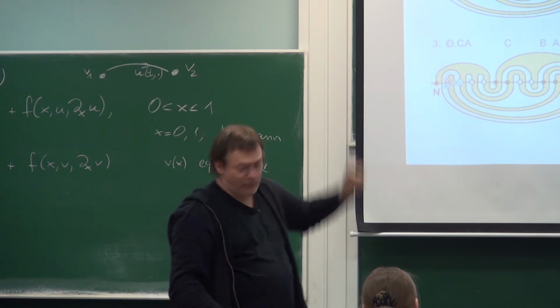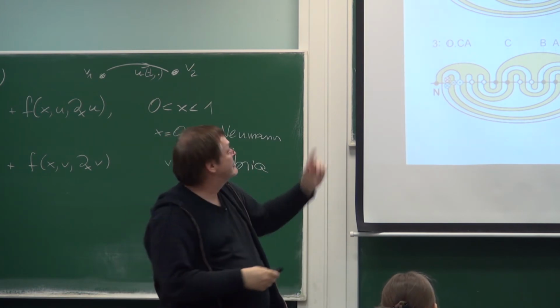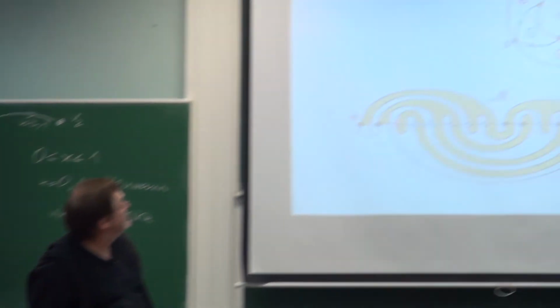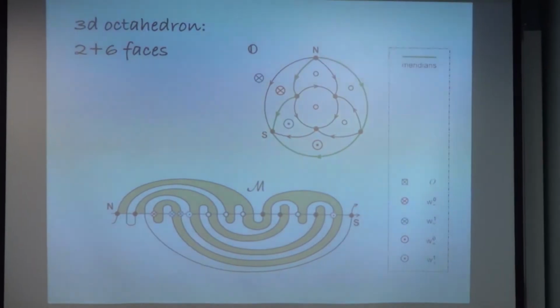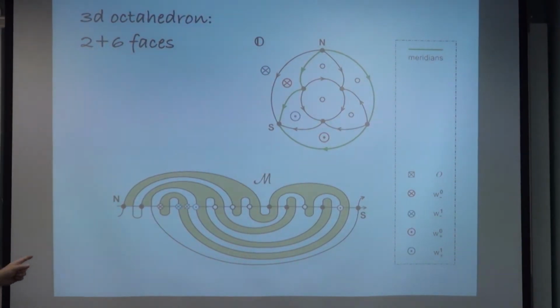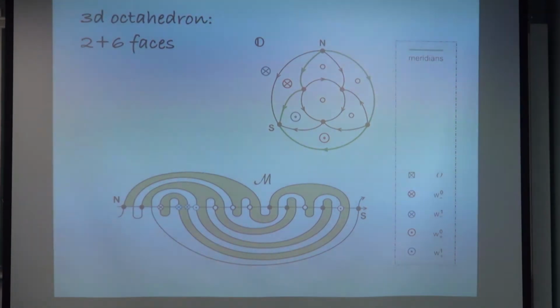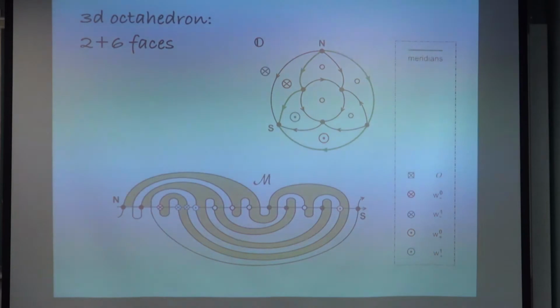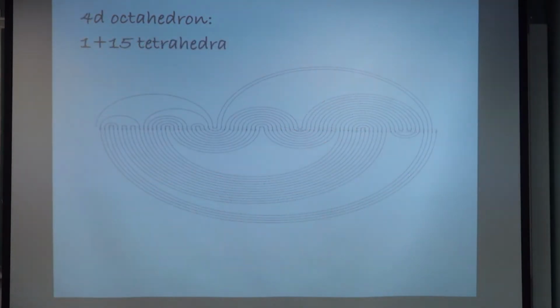There are 4 possibilities, 4 meanders which arise from that decomposition. If I decompose into 2 plus 6 faces, then there is a single meander which realizes that, and 3 plus 5 doesn't happen, and 4 plus 4 doesn't happen either, okay? It's not realizable.